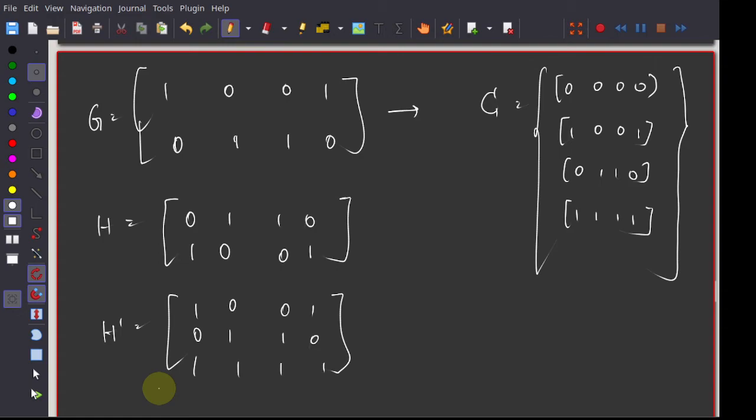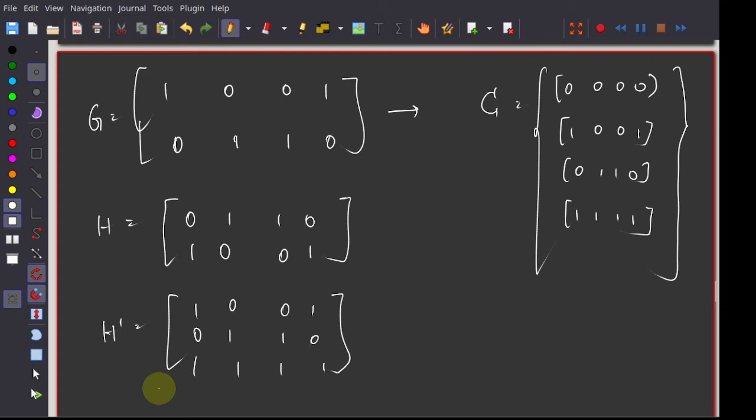Two. So a matrix is full rank only if the rank is equal to the minimum of the number of rows and number of columns.